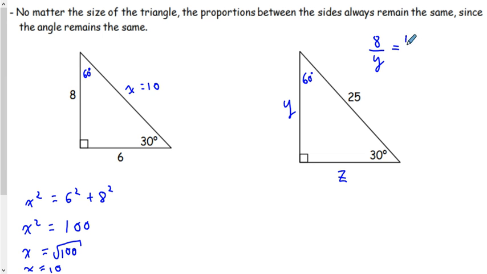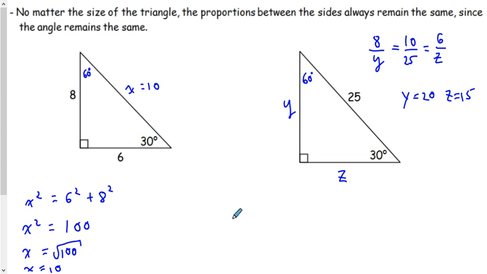Let's compare 10 on my triangle on the left to 25 on my triangle on the right. And let's compare 6 on my triangle on the left to z on my triangle on the right. Now I can use two at a time to solve for these sides, as we've been doing. And if you do that, you'll find out that side y is 20 and side z is 15.